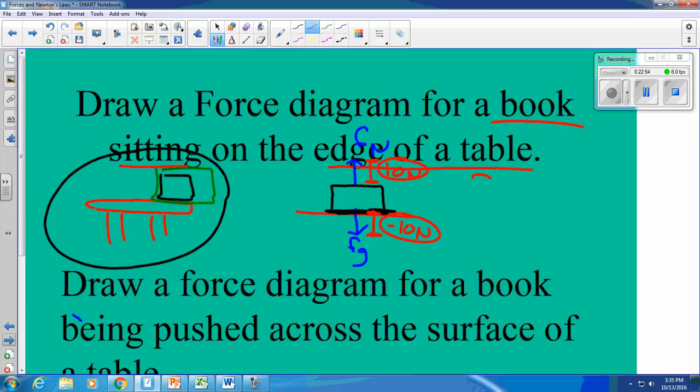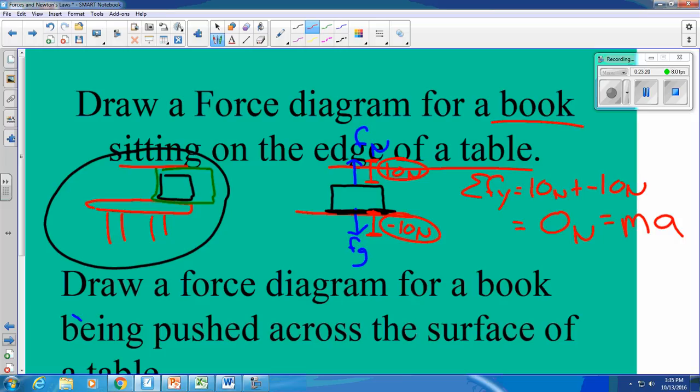Why does that become important? Well, because if I add up my forces in the y direction, I would get a positive 10 newtons plus a negative 10 newtons. If I add those up, I get 0 newtons as my total, which tells me that my mass times acceleration must be 0. Why is that important?